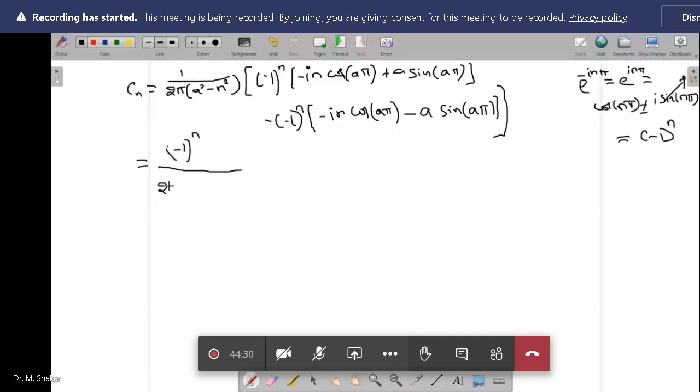divided by 2 pi times a square minus n square, and this will be, so now we have minus i n cos a pi and then plus a sin a pi.